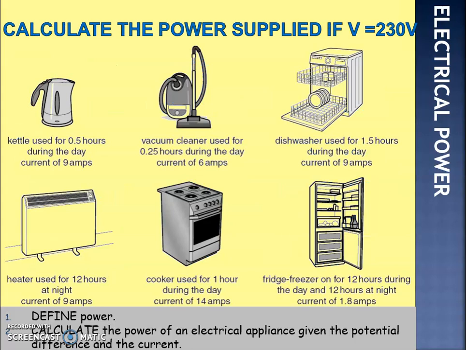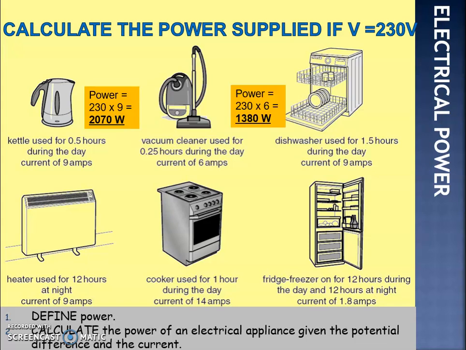Okay, calculate the power supplied to each one if voltage is 230 volts. Remember, in each case, power equals current times voltage, so you only need the value of current from that. So pause the video whilst you work out the power of each one. Okay, so the kettle, 2070 watts.